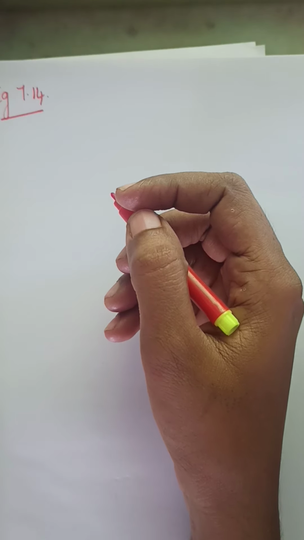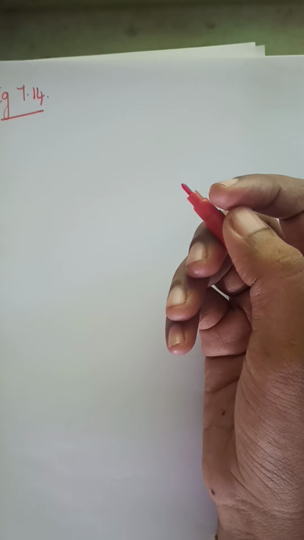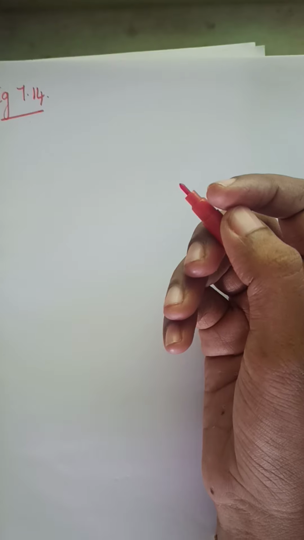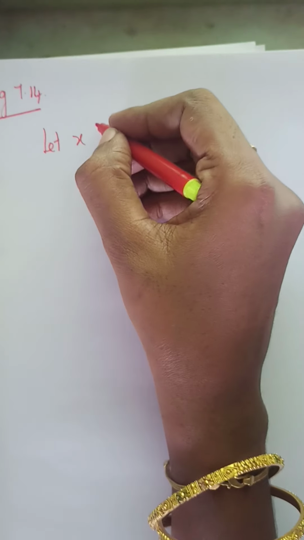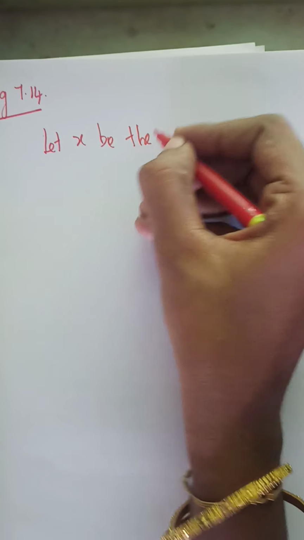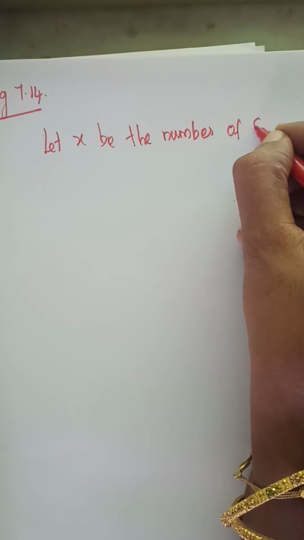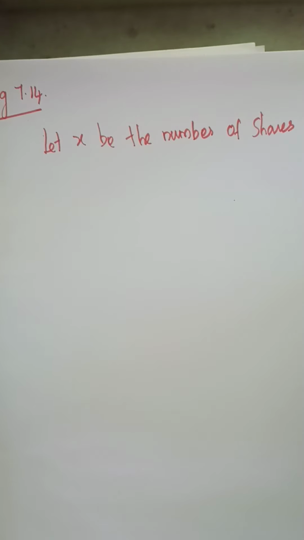We are going to consider the number of shares as the unknown value. We don't know the number of shares, so let small x be the number of shares.